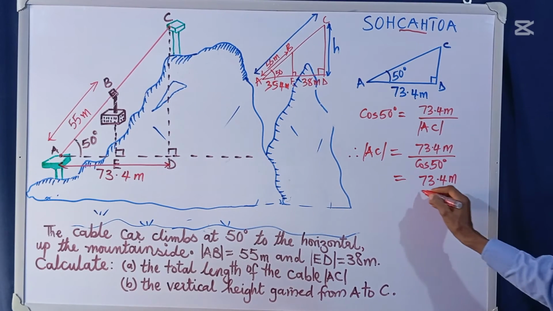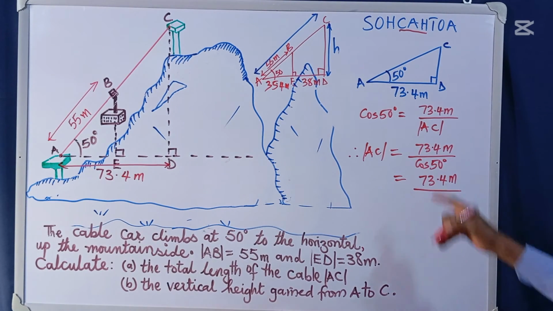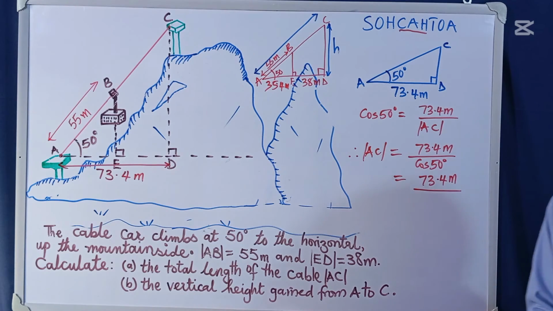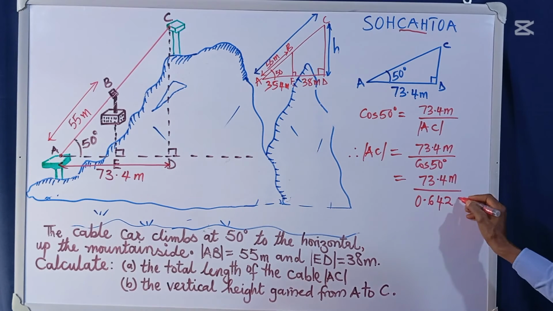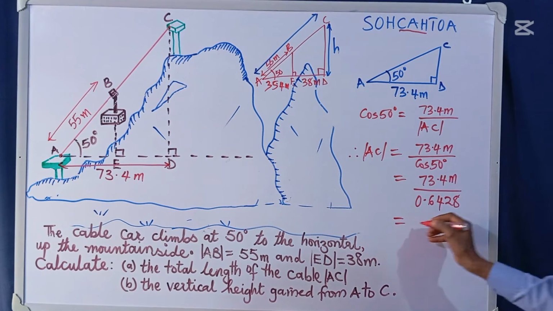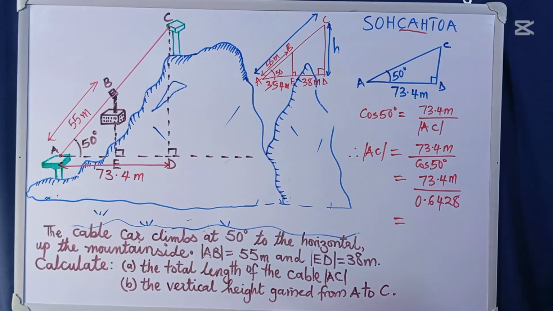So if you press cos 50 on your calculator, what you get is 0.6428. So you can now divide that. If you divide that on your calculator, it's going to give you.